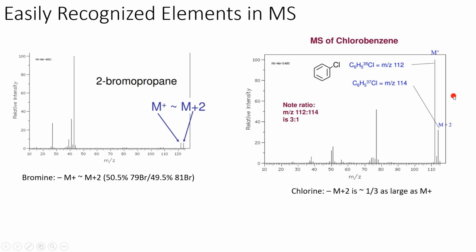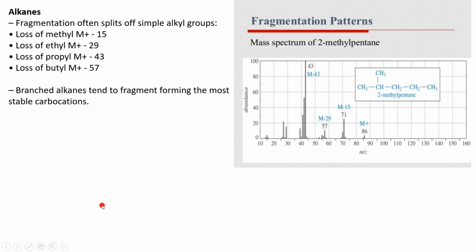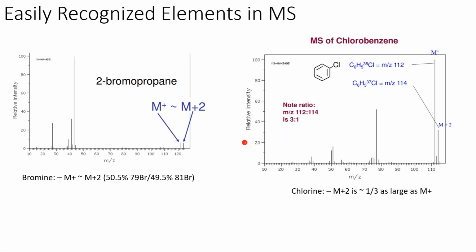Similarly, chlorine can be identified by the ratio. Look at the ratio. M plus is this, and this is M plus 2. The difference in the isotopic mass is 2. Here also you can see the difference in the isotopic mass is 2, 79 and 81, so you are getting M plus and M plus 2.